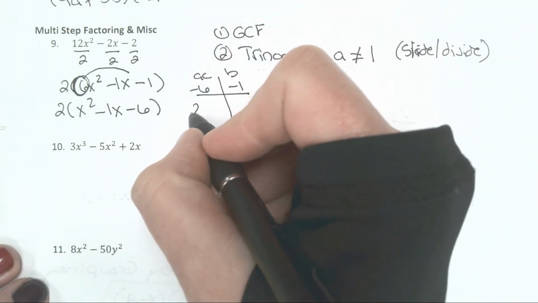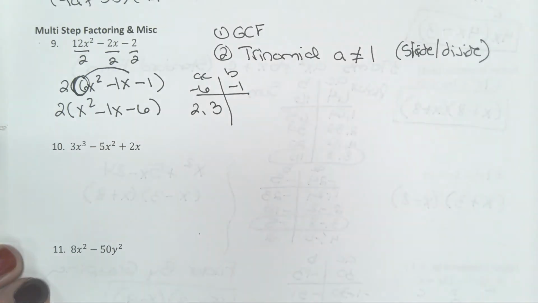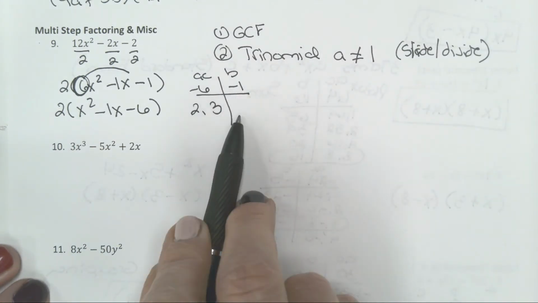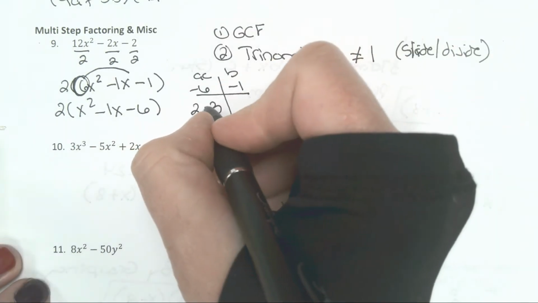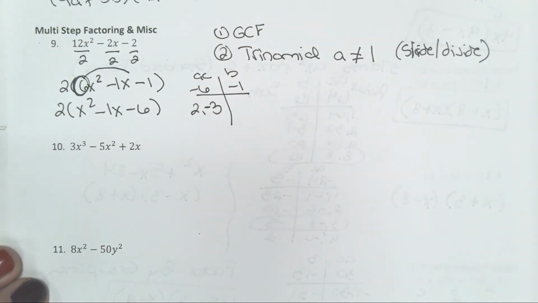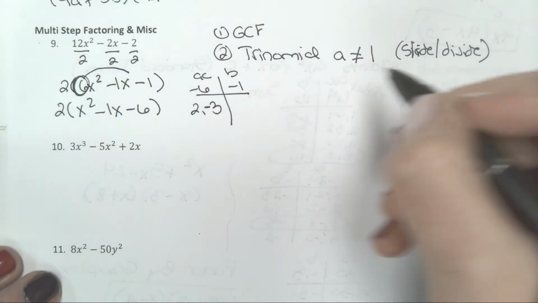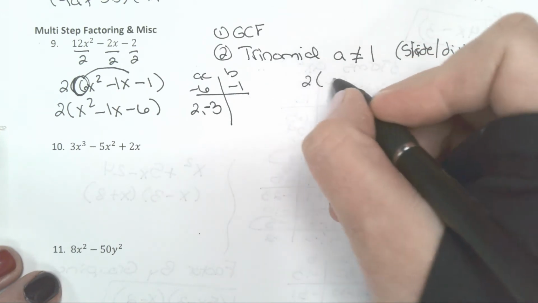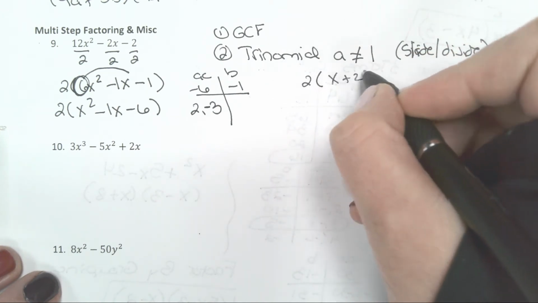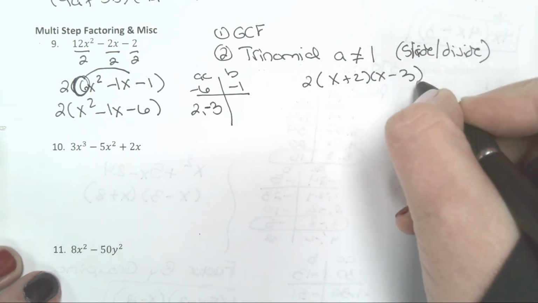I know that 2 times 3 is 6, and if it needs to add up to -1, that means the negative is going to have to go on the bigger number. So that factors as x plus 2 and x minus 3.